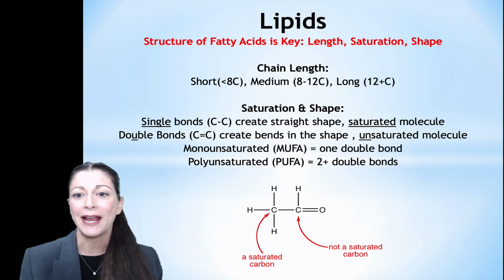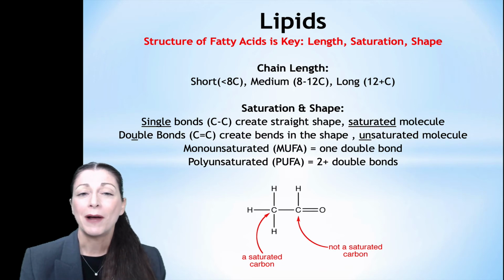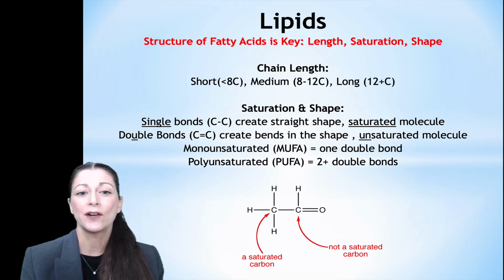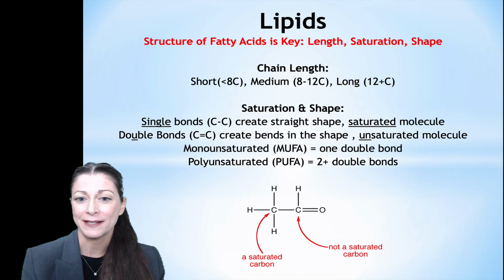This is considered an unsaturated molecule. The level of saturation also matters. There can be more than one double bond in a molecule. When a molecule has just one double bond, it's considered a monounsaturated fatty acid, MUFA.